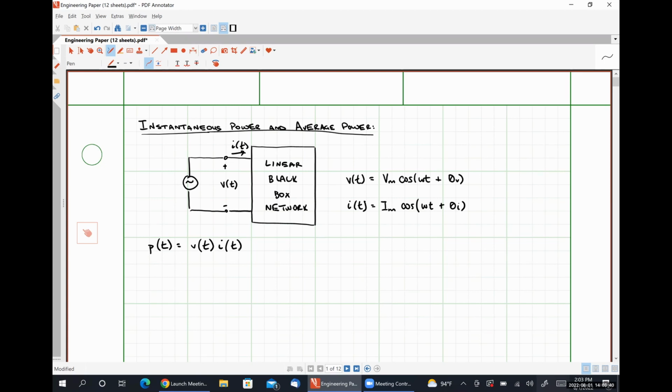We are going to expand this relationship out to develop a specific equation.